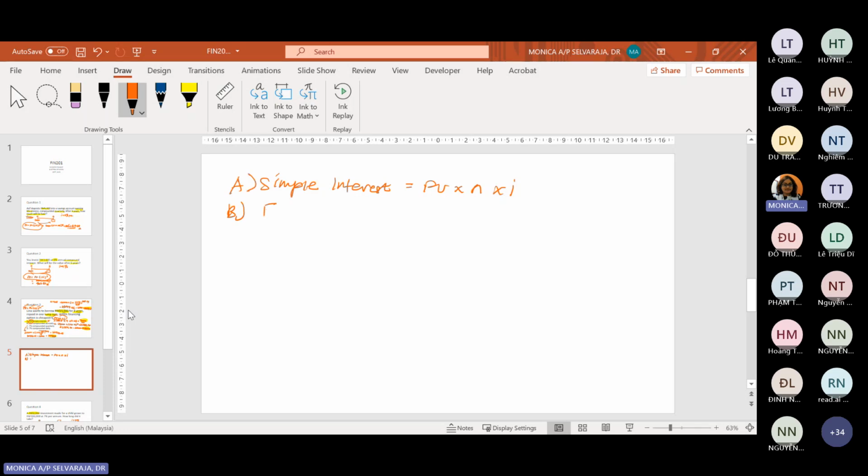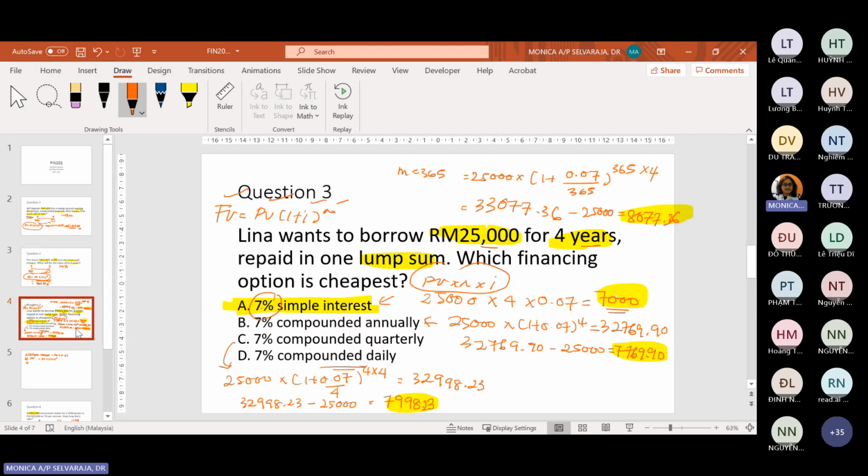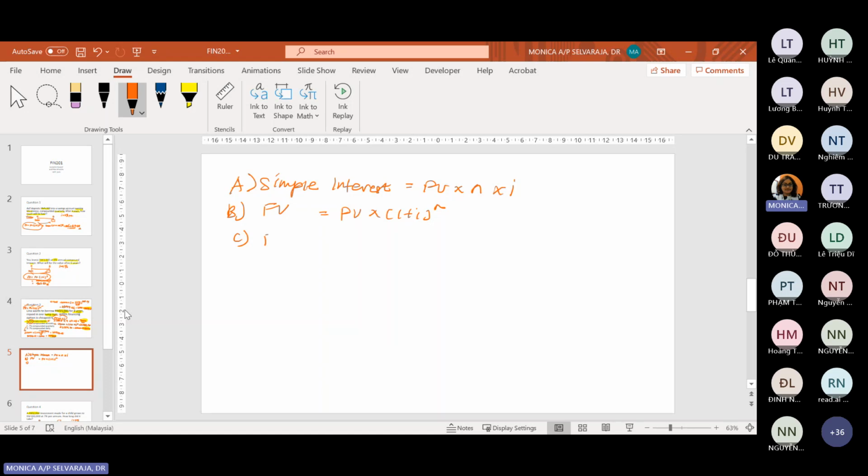B is future value: present value multiply by 1 plus I to the power of N. C is compounded, frequency annual or quarterly: I divided by m.